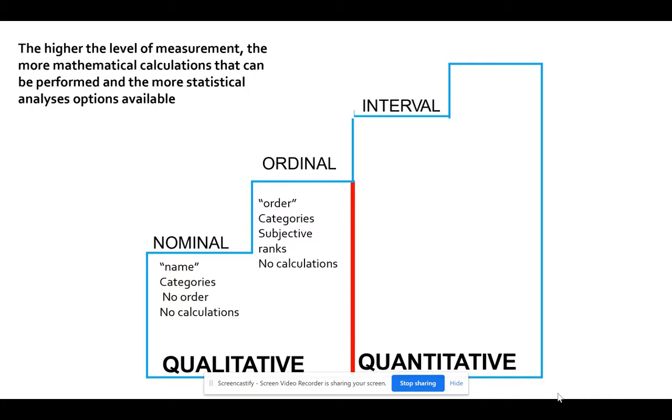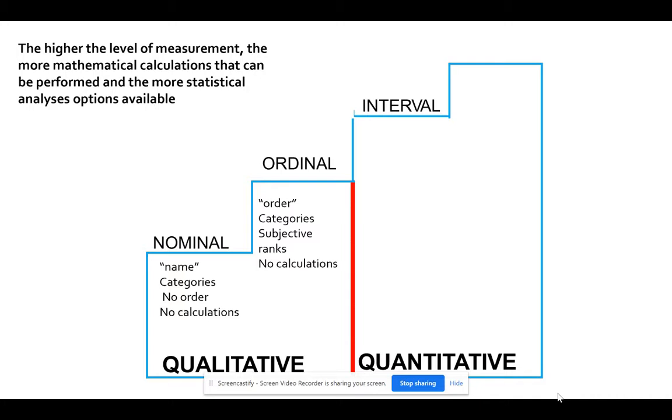We know that an A is better than a B, and a B is better than a C. Other things would be a chili cook-off contest, or some kind of baking contest where you have first place, second place, third place. And again, that's subjective based upon those folks who are judging it and whether they really enjoyed your food or not. Even at the ordinal level, there are no calculations because we're still dealing with words and phrases.